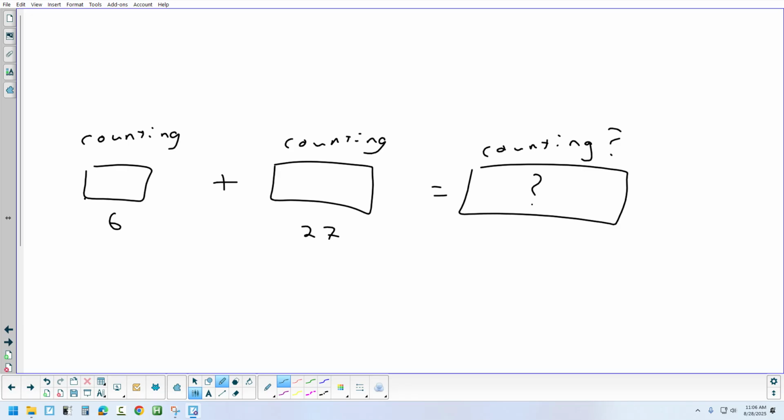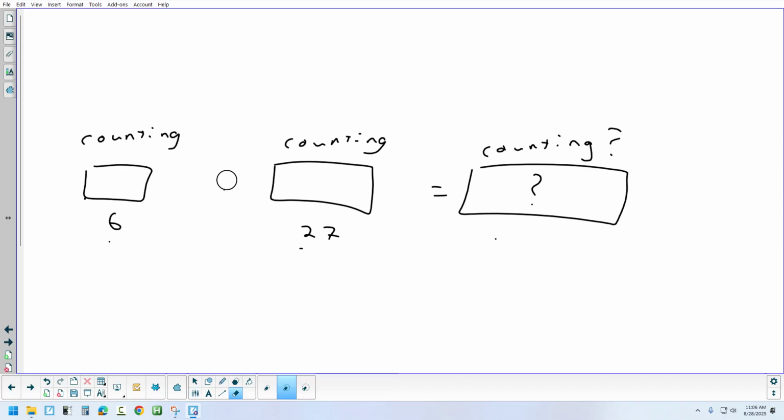Yeah, you do. So in fact, if you add any counting number to any counting number, you will always get a counting number. That's called closure. Whenever you add two numbers from the same set, and the answer that you get is also in that set, that's called closure. With addition, that always works.